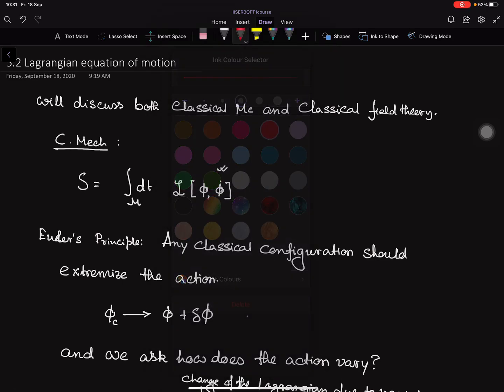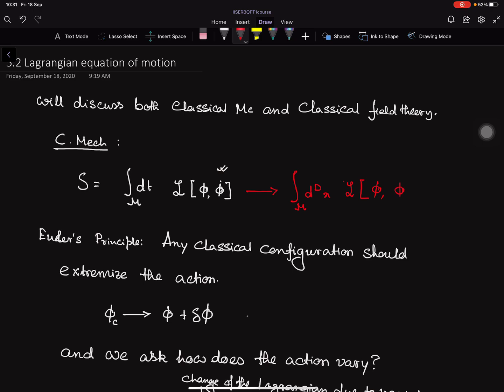So this will be generalized to some d^d x, when x takes values over some range M, and now L depends on phi and phi_mu, where phi_mu is just the derivative of phi.